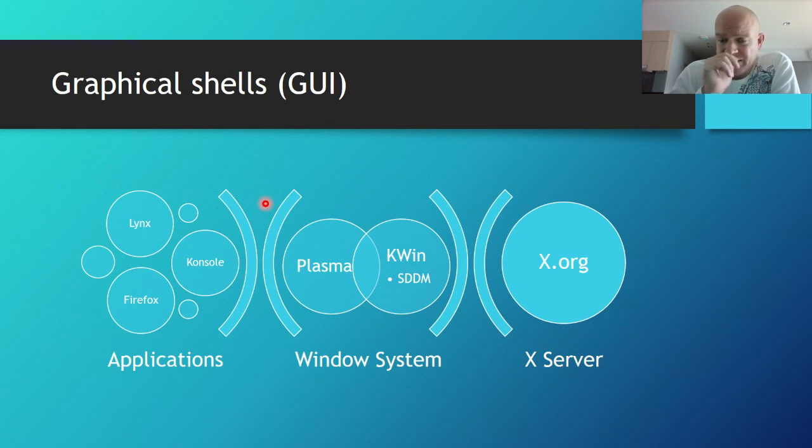So the graphical shell is very different. Because you have the X server running, that's going to be kind of like an interface to the Linux kernel. But the X server also needs to access the graphics card and some hardware.